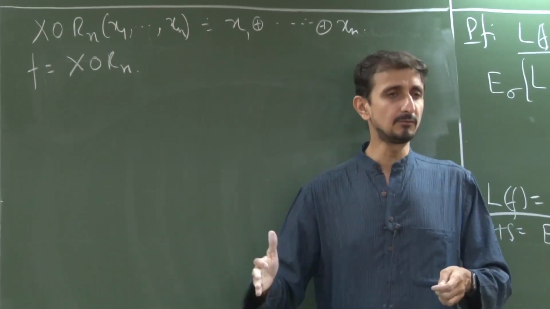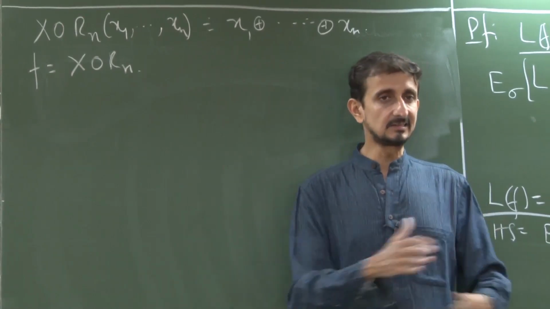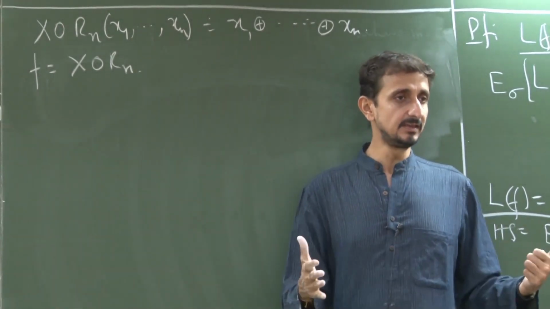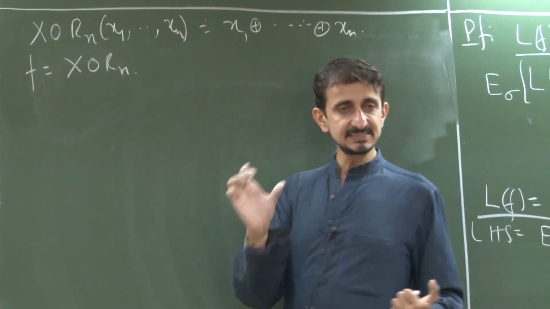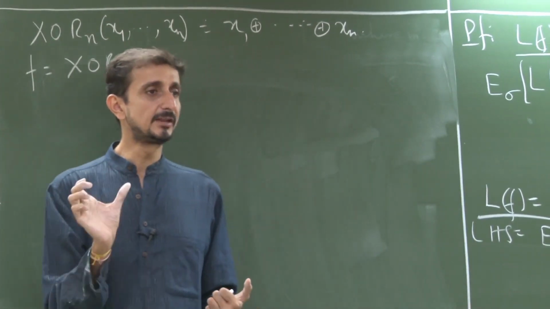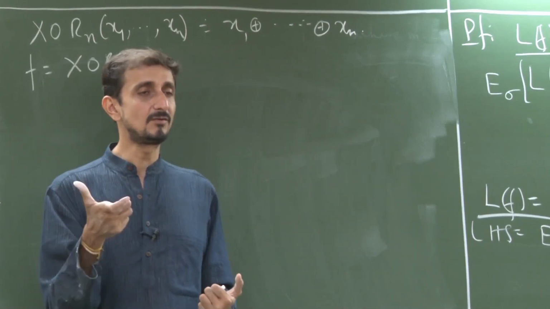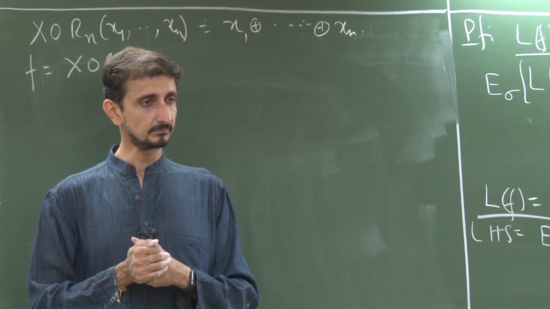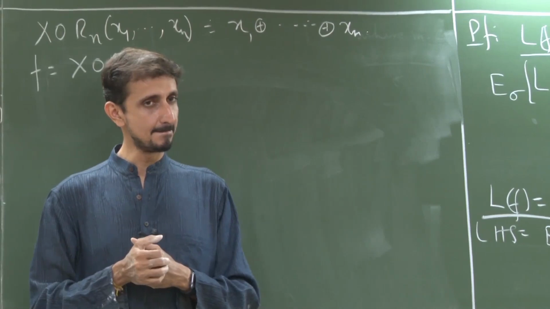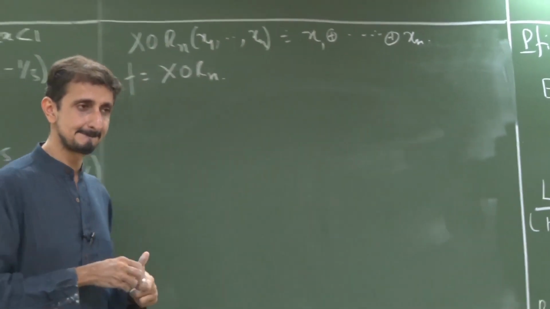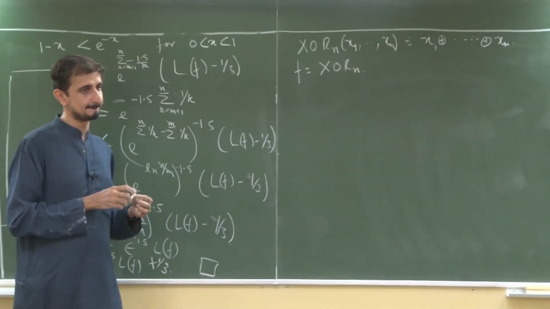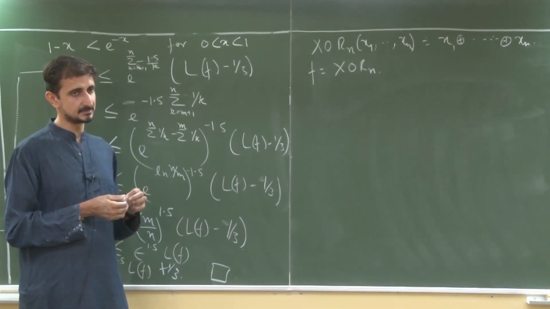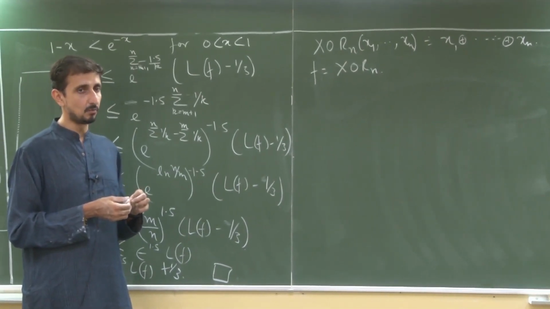So, irrespective of what I restrict the other n minus m variables to be, these m variables should determine the value of XOR. For what value of m is that true? Any guesses? 1, why 1?